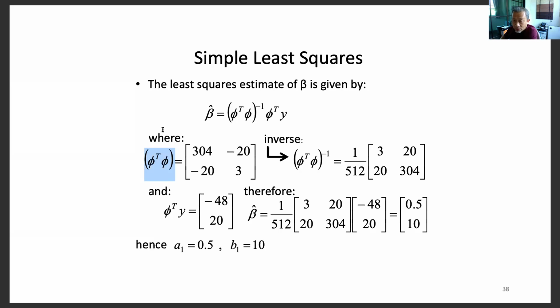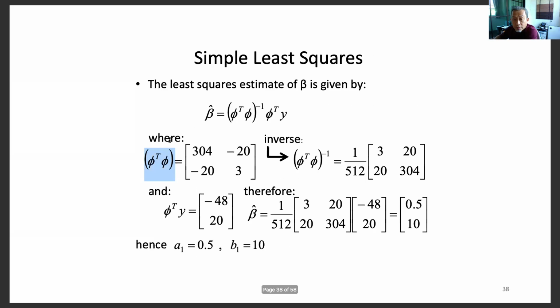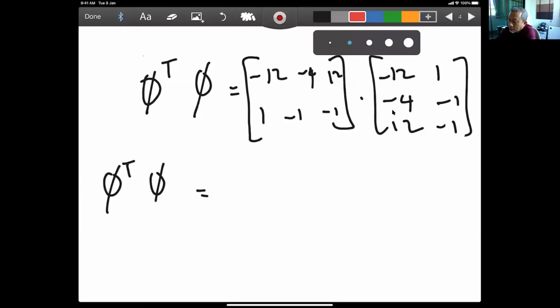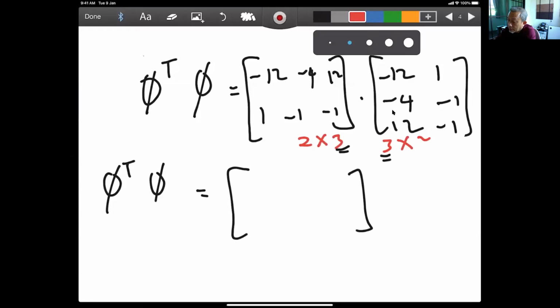If we look at the values here, if you want to multiply, this one is 2 by 3, this one is 3 by 2, so you can multiply and you will produce a 2 by 2 matrix.